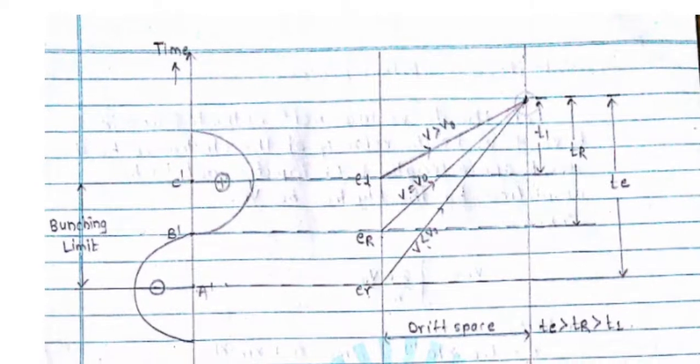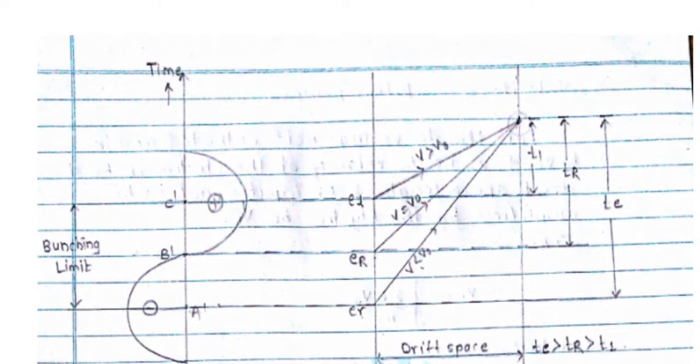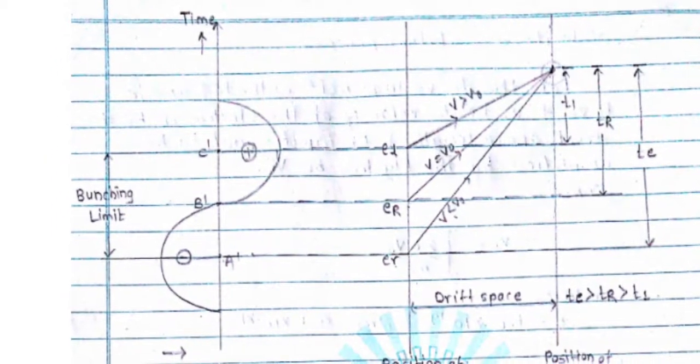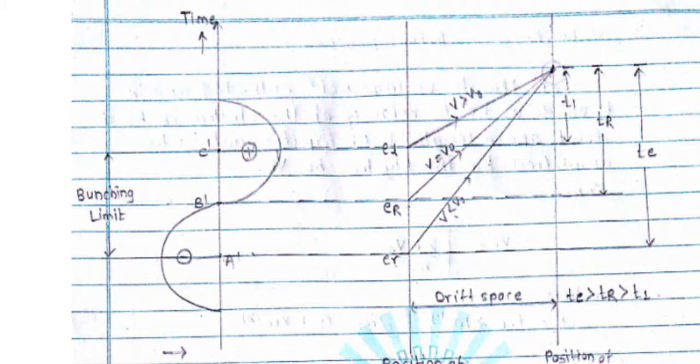So here for the first, that is for the early electron, we will have the condition V is greater than V0. For reference, we will have V is equal to V0, and for the late electron the value of V will be less than V0. So here its speed is higher, so it will travel through a shorter time.